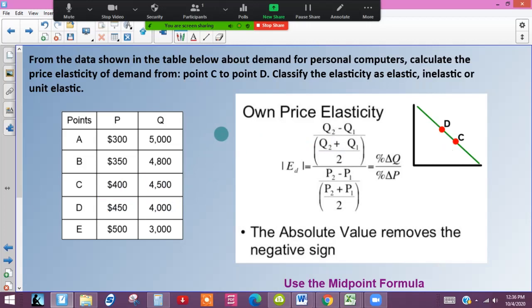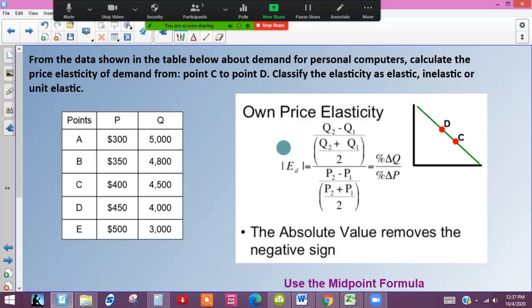So the percent change in quantity is in the numerator, and the percentage change in price is in the denominator. The way we compute the percentage change in quantity demanded is we take the quantity where we ended up at point D minus the quantity where we started at point C, and then divide by the average.